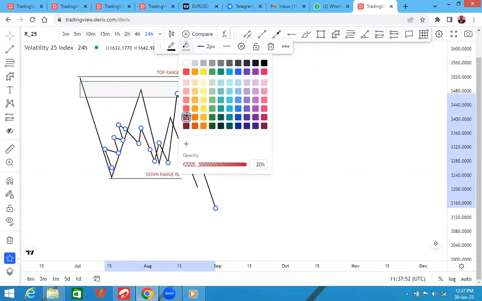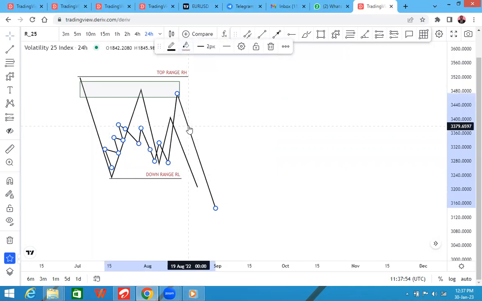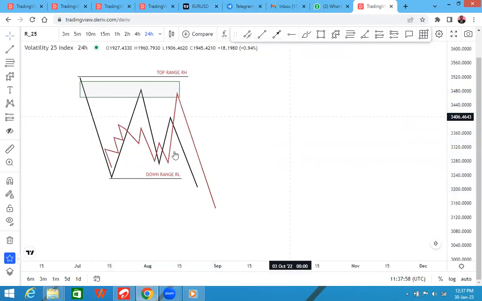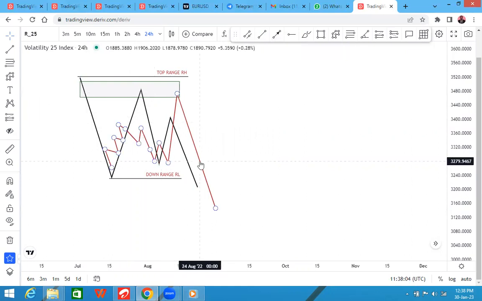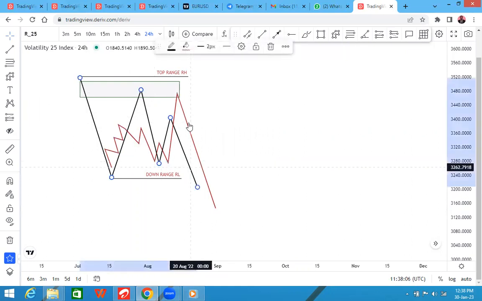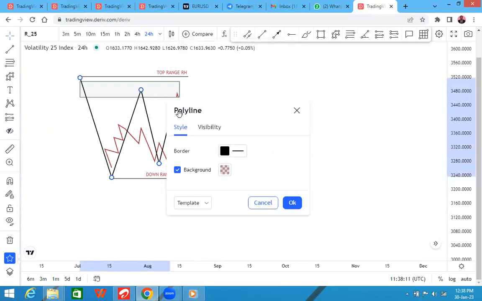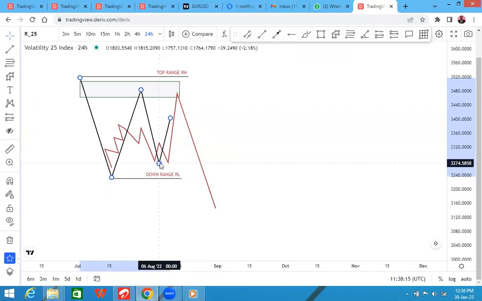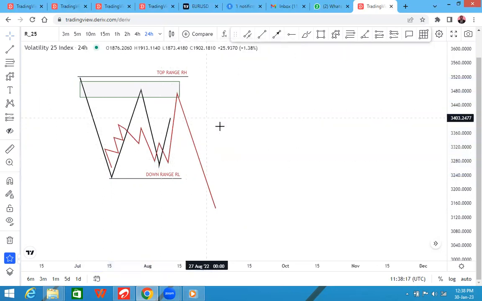Simply because it has not come to give you the lower high. So in between, price can just give you some small break. You now want to jump in. No, price has not given you that lower high.